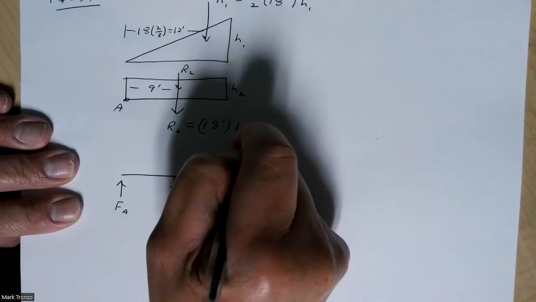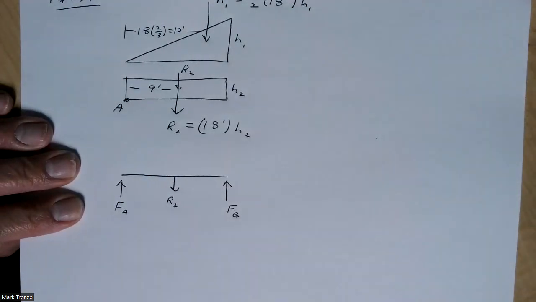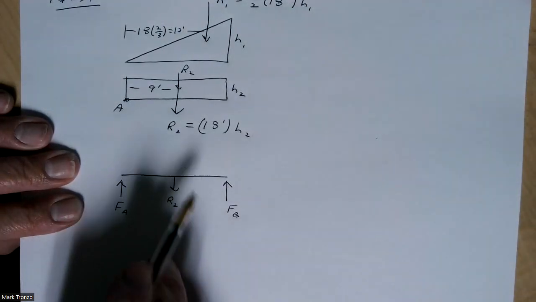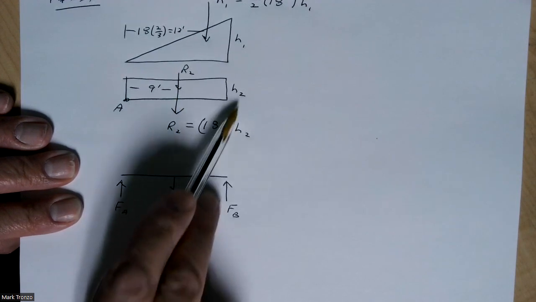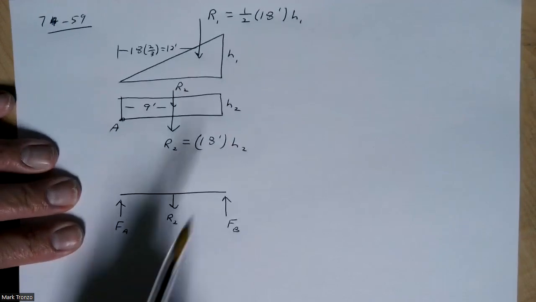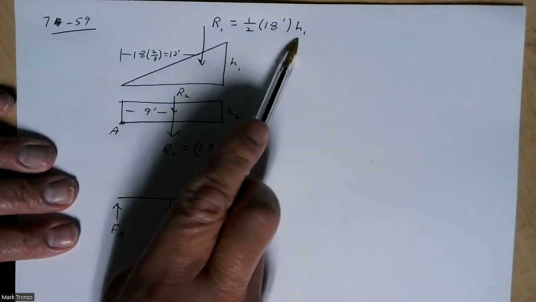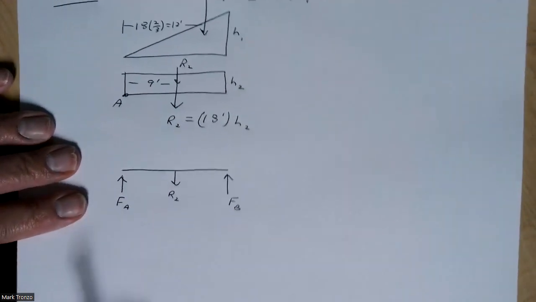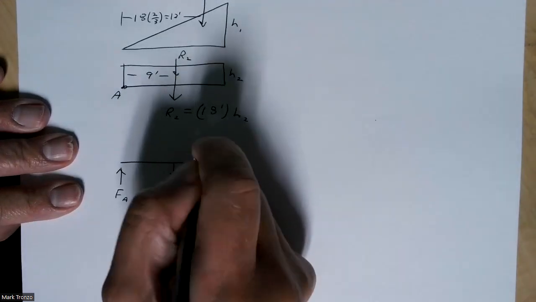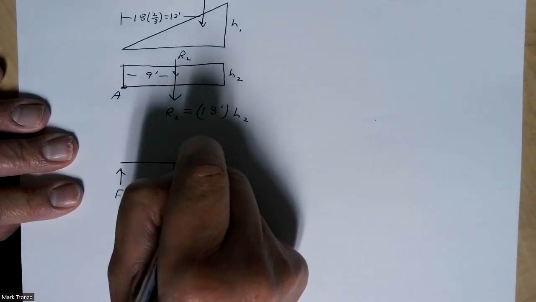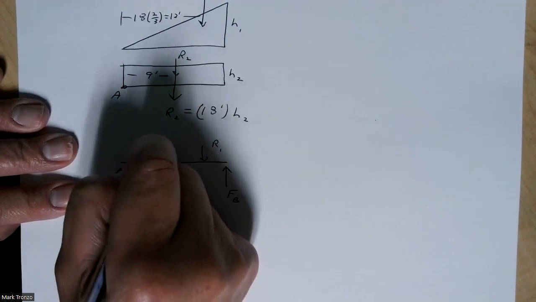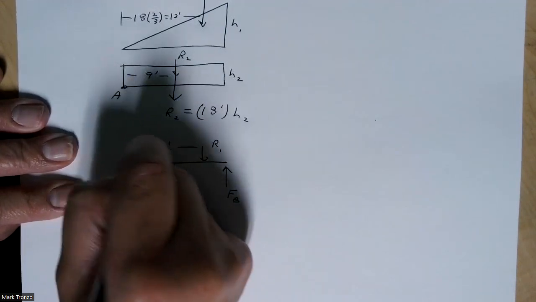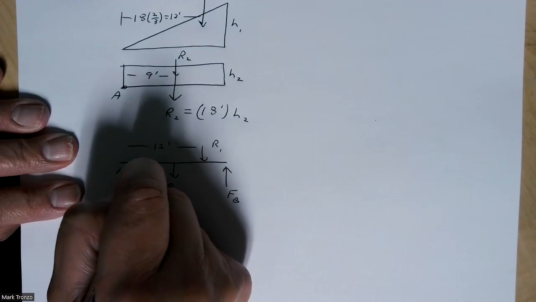Like I said, this would have been R2 times H2, which we found to be 18 times H2. And for the triangle it's 18 times whatever that H1 was. And so we have this, then we have this one here. We said this was out at 12 feet, and this was out at 9 feet.